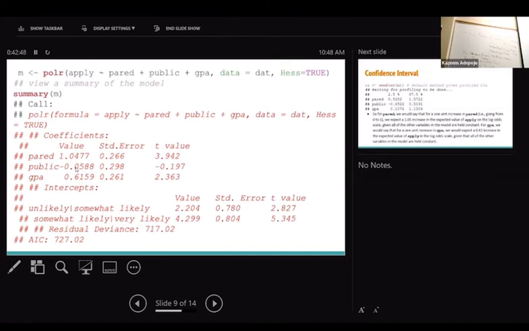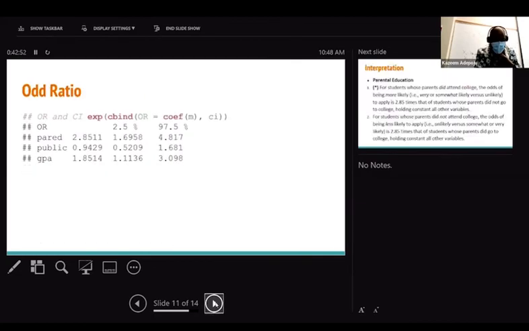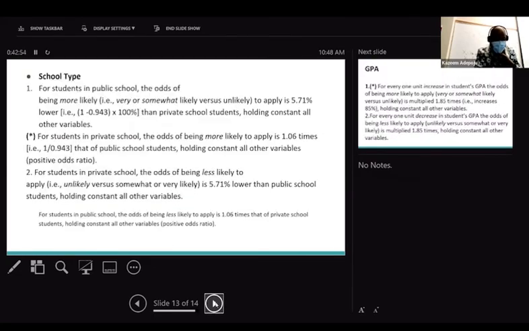Now take a look at this. When I start number 2, I said for students in private school, the odds of being less likely to apply is 5.7% lower than for public school students. So take a look at that.